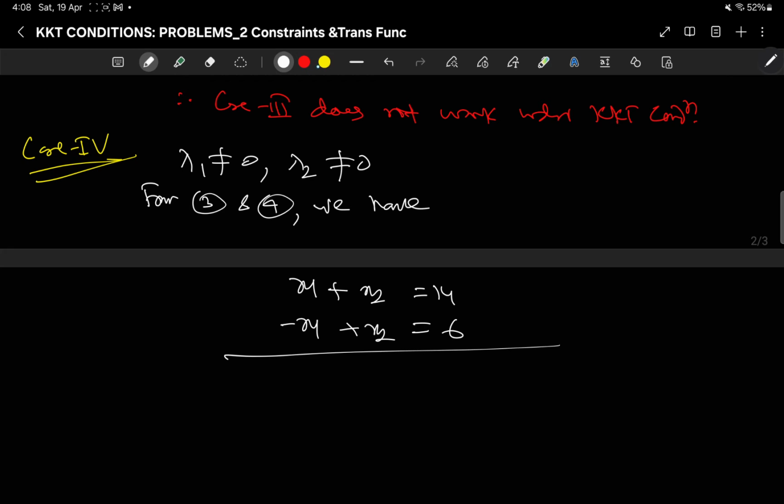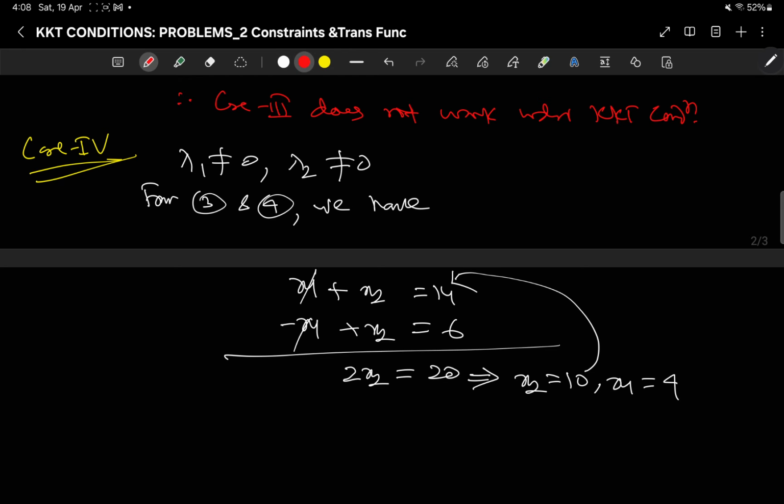If you solve it, 2x2 is equal to 20, which implies x2 is equal to 10. With the value of x2, x1 is equal to 4, right?